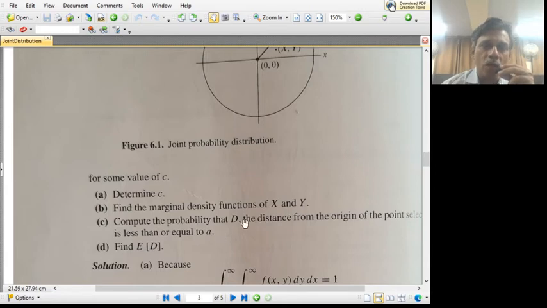What will be its CDF, that is, the probability that d is less than or equal to a? We will try to compute that. Then we will also try to find the expected value of d, the expected distance from the origin to that randomly chosen point, that is E of d.